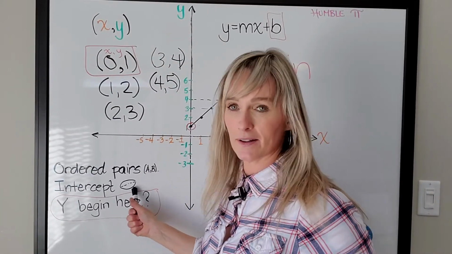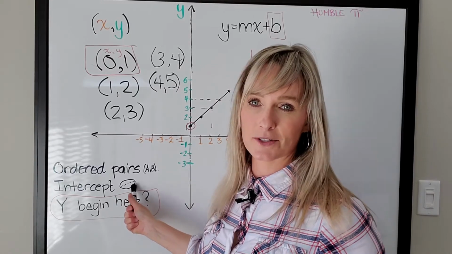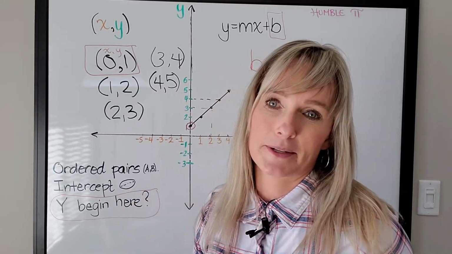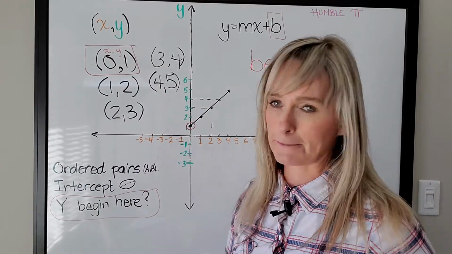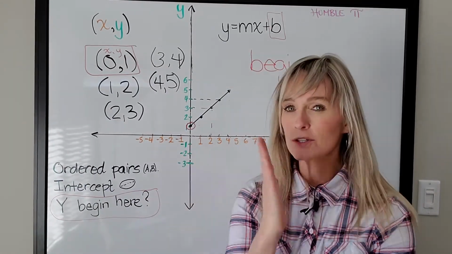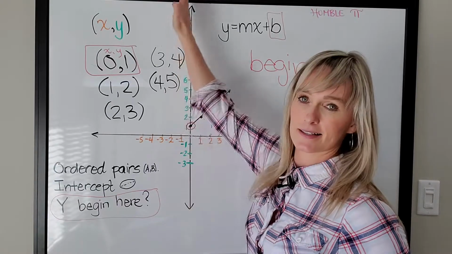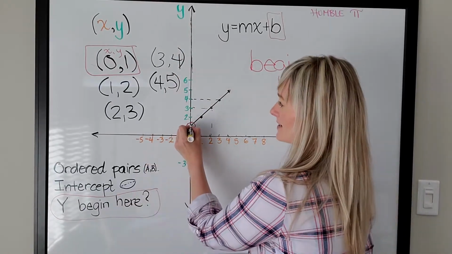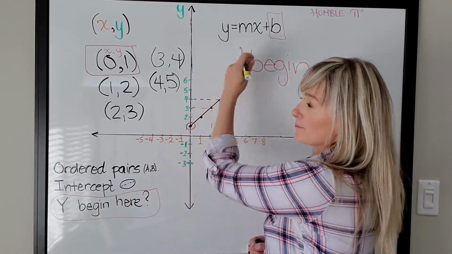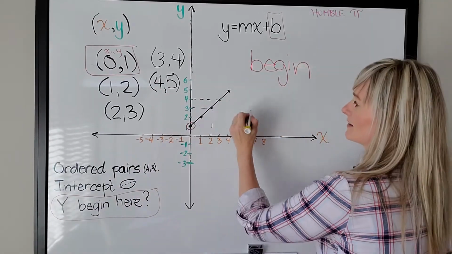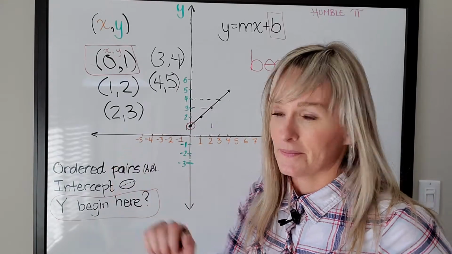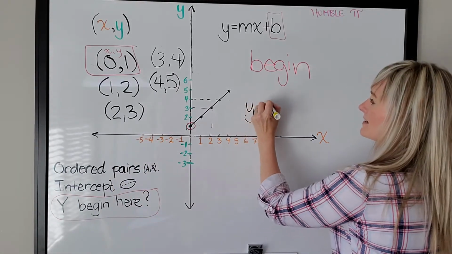Well, in football, we would call that an interception. I didn't have a football at home, so I decided to use my dog's basketball. So when you intercept the y-axis, right here with your line, see how I'm breaking the y-axis? I'm intercepting it. Well, we're going to call that, wait for it, the y-intercept.